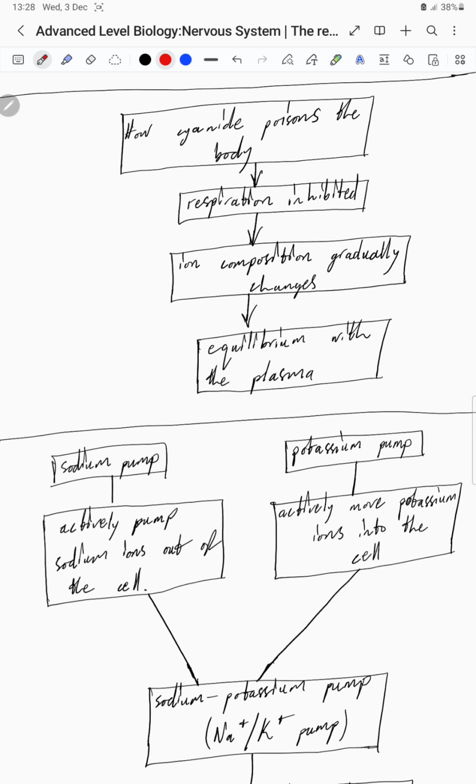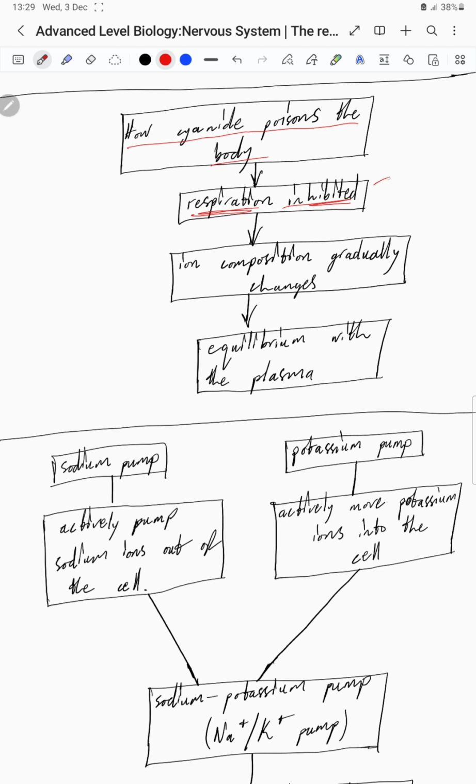Just an example of how cyanide ions poison the body. So cyanide ions inhibit respiration. This is by blocking the electron transport chain.